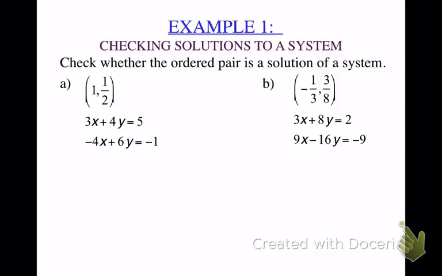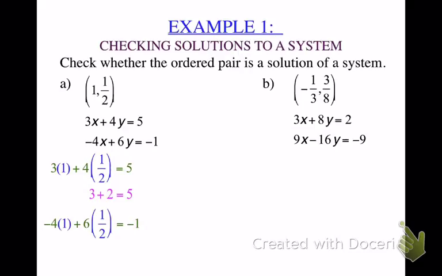Okay, so when we check whether the ordered pair is a solution of a system, all we're going to do is substitute these values into the equations. Yes, 5 equals 5. And then we substitute it into the second one, because the only thing to prove that they intersect is when that point, (1, 1/2), makes it true.